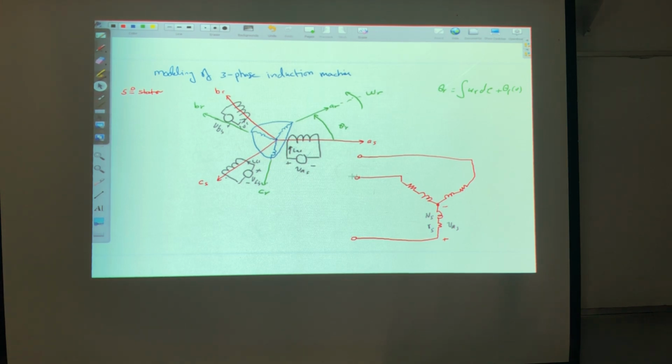Let's assume that this is the B. So this is the VBS. And this is the VCS. So here IAS will flow, IBS will flow, and ICS will flow.